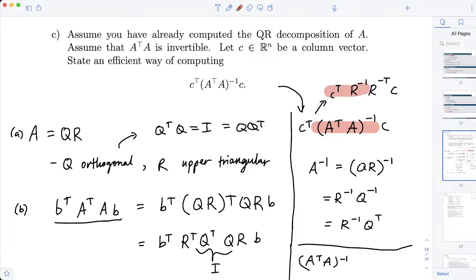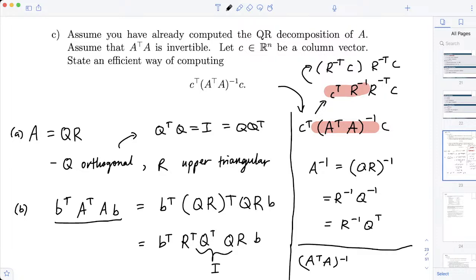But this over here is just a transpose of the latter half of the expression. So this is just R inverse transpose C multiplied by that. Okay, I should write this out better. But now we have this thing over here.